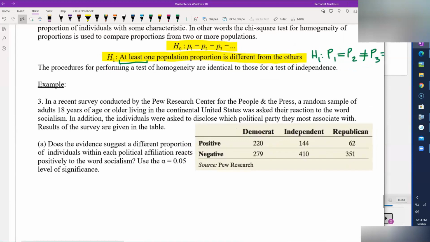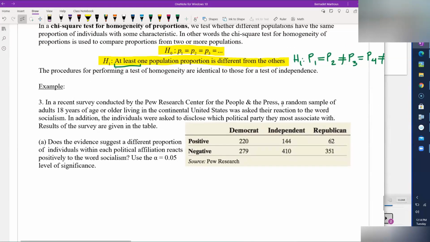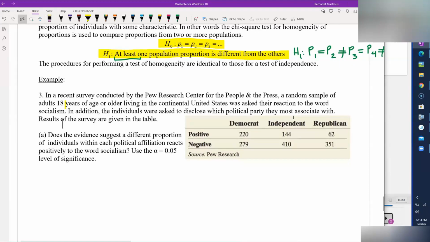Example number 3: in a recent survey conducted by the Pew Research Center, a random sample of adults 18 years of age or older living in the United States was asked their reaction to the word socialism. Here we have 3 groups: Democrat, Independent, and Republican.